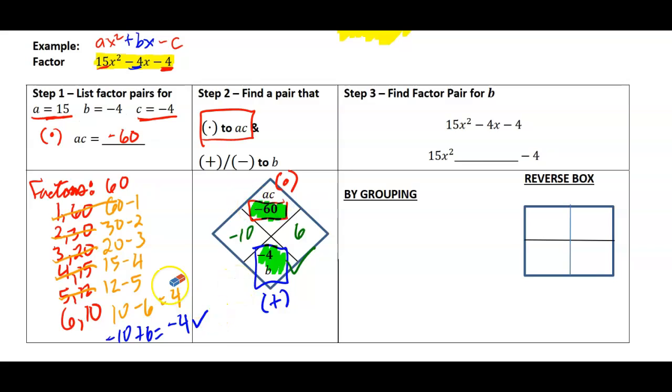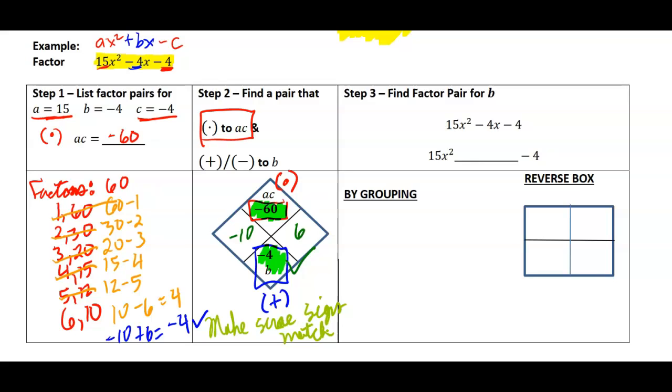You need to make sure your signs match. All right, so this is step 1, finding the pair that multiplies to A times C and adds to negative 4.